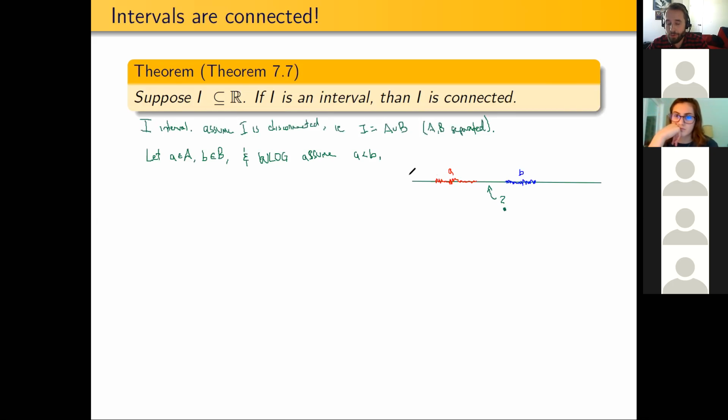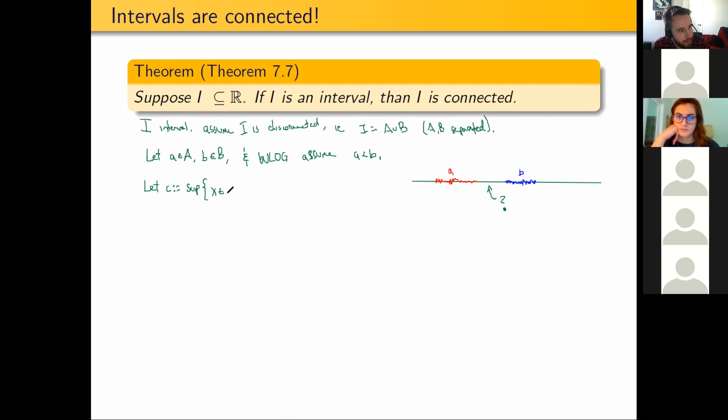And I'm going to use the language of the least upper bound, the supremum, to find this point. So specifically, I am going to define a number C, which will be my breaking point. Let C be defined as the supremum of the following set.